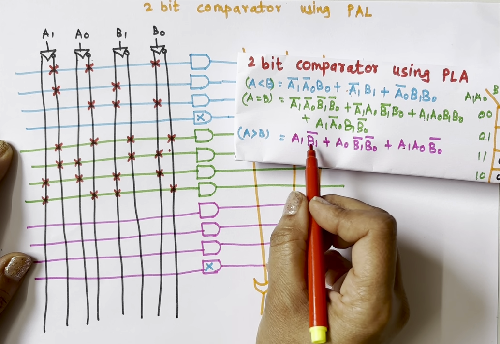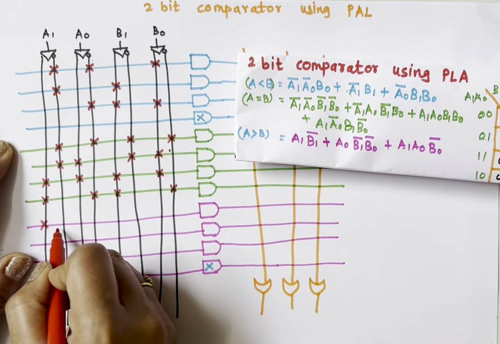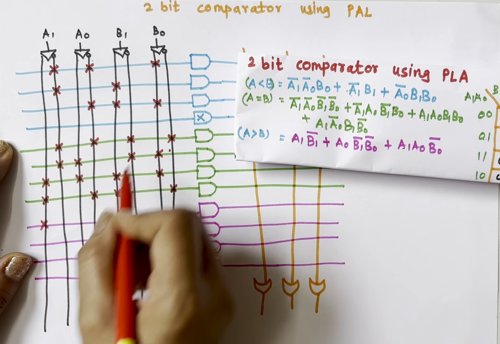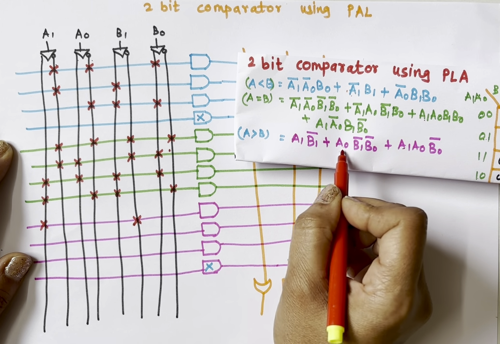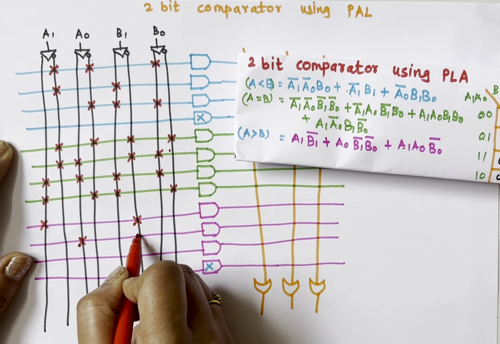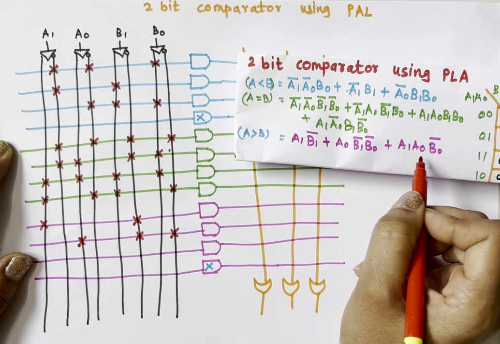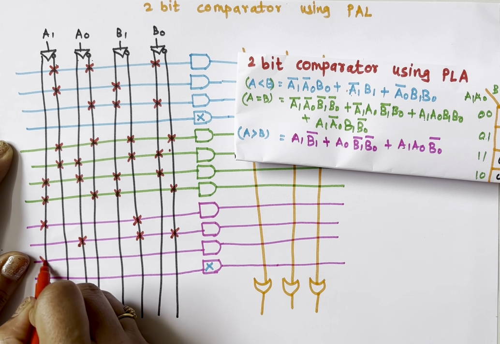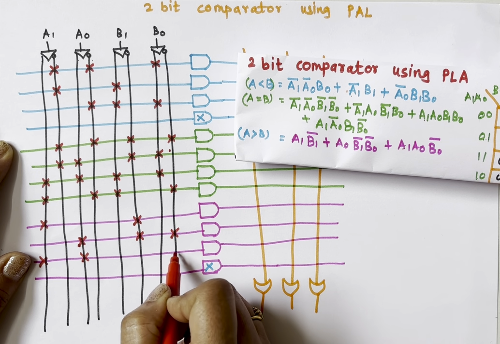And here A1, B1 bar. This is my A1 and B1 bar. For the second, this is my A0, B1 bar, B0 bar, and A1, A0, B0 bar.